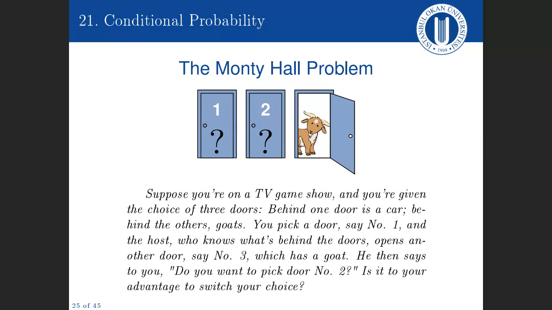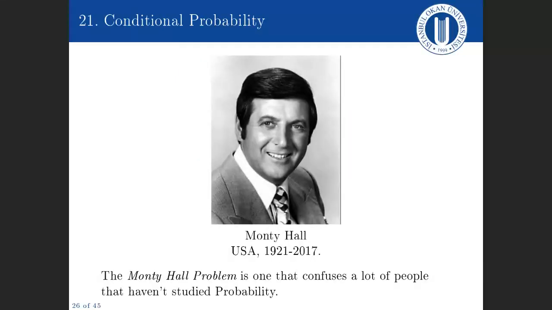And then he says to you, do you want to stay with door number 1, or do you want to change your choice and have door number 2 instead? Is it to your advantage to switch your choice if you want to win the car?